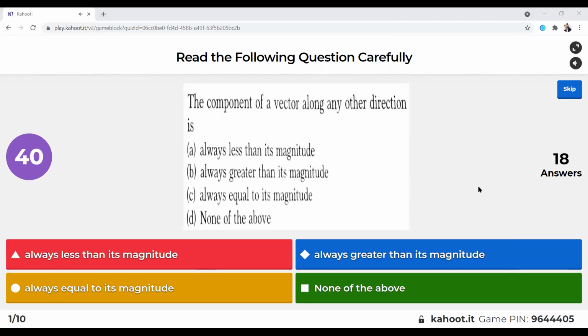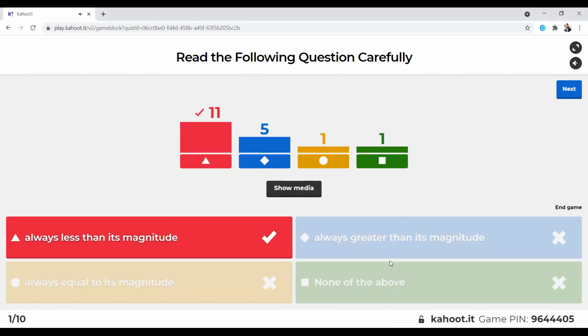So in the vectors, how many Kahoot you all played? All the fours. Okay. So it will always be less than its magnitude.